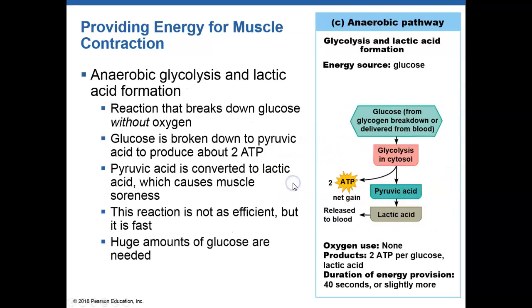But I know that everyone has had sore muscles. If you've ever worked out and you have sore muscles, and you're like, oh my God, I was lifting weights or I was running and my legs hurt or my arms hurt, those sore muscles come from when you are using more energy than aerobic respiration can provide.